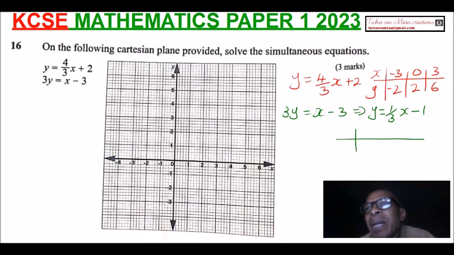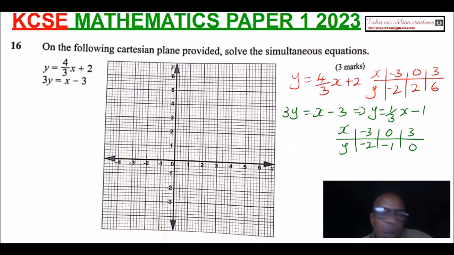Similarly, we make a table with x and y. When x is minus 3, y will be minus 1 minus 1, which gives us minus 2. When x is 0, y is minus 1, and when x is 3, then y is 0.